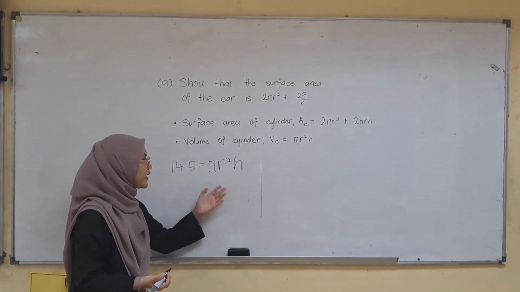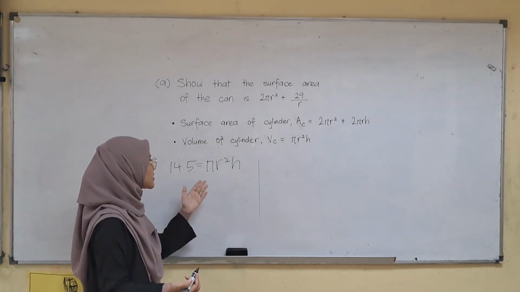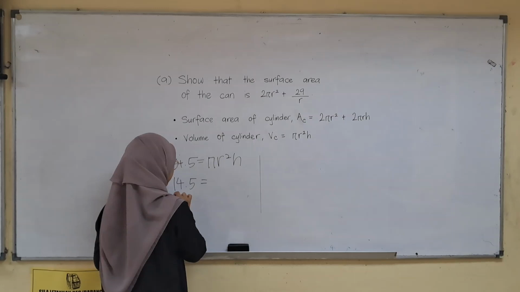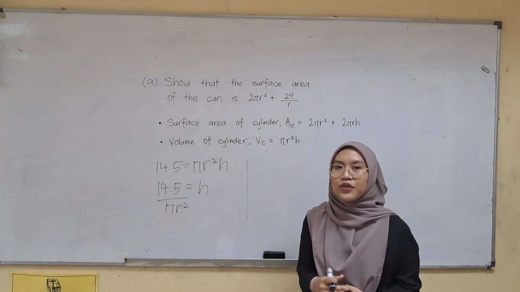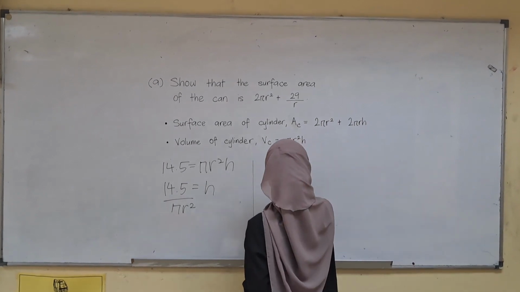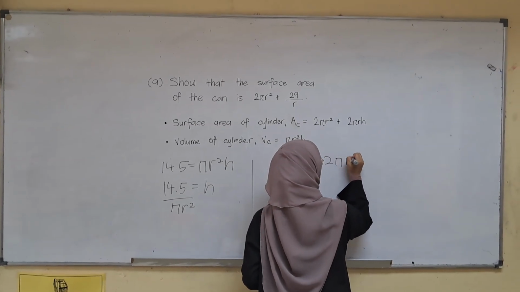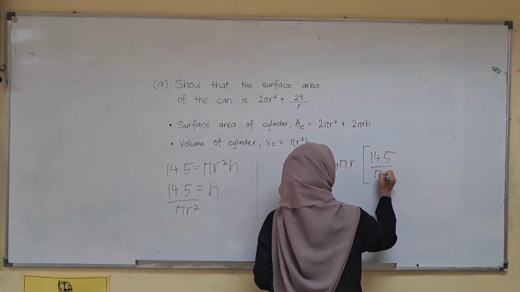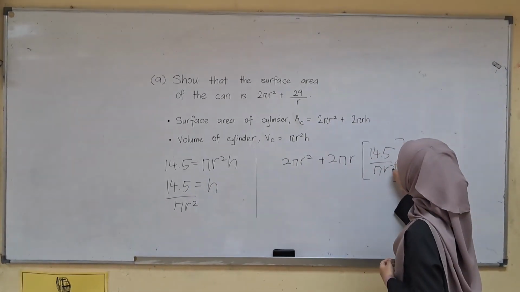And then to make h the subject, we need to divide 14.5 by pi r squared. Now, we can substitute the h into the surface area of the cylinder. From here, we can eliminate the pi r and pi r squared.